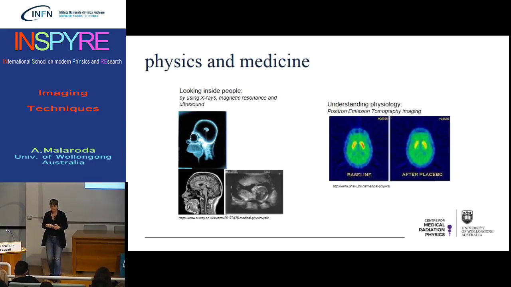Okay? So if I want to know where the positrons are being emitted, which is the information I want, the positrons are going to be emitted where the radionuclide is going to attach to the receptor. So if I want the position of the receptors, I need to know where the positron has been emitted.